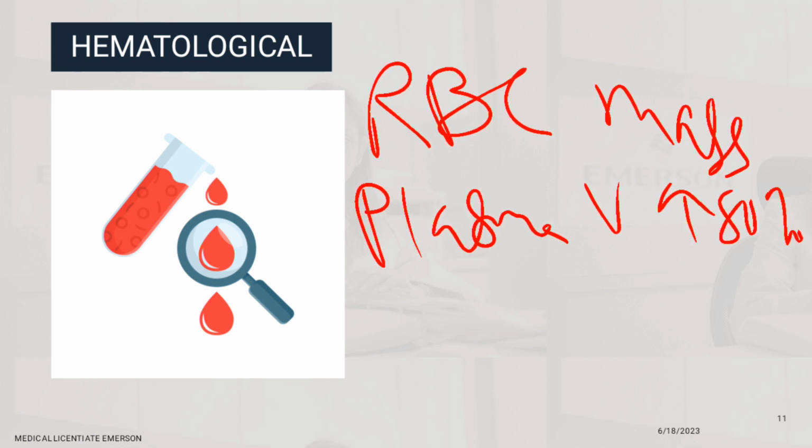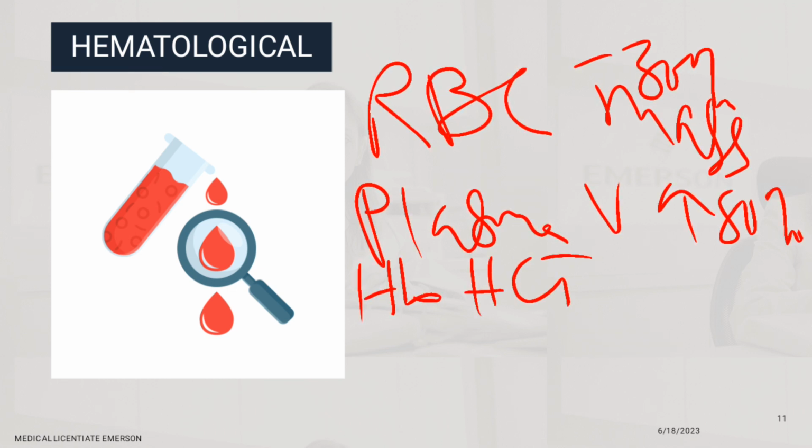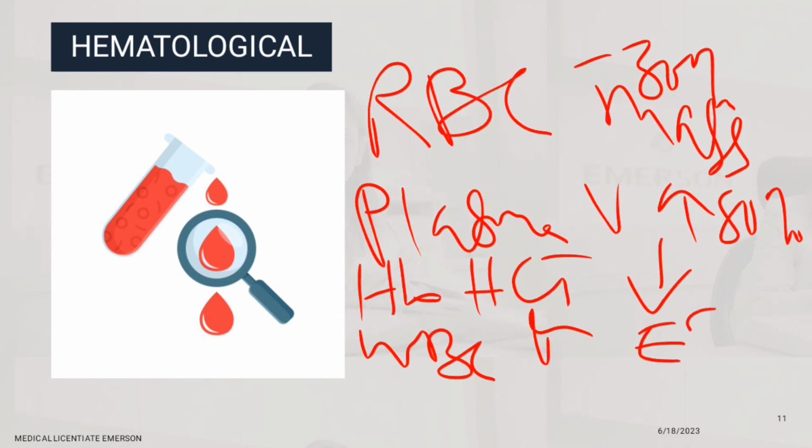Then hemoglobin and hematocrit are going to decrease. Then the WBC goes up, up to 16,000 or 16. That's normal in pregnancy. Then ESR also goes up.